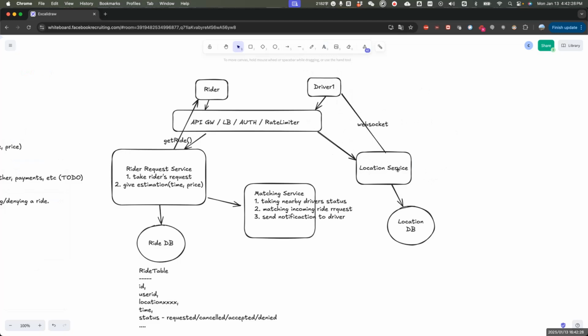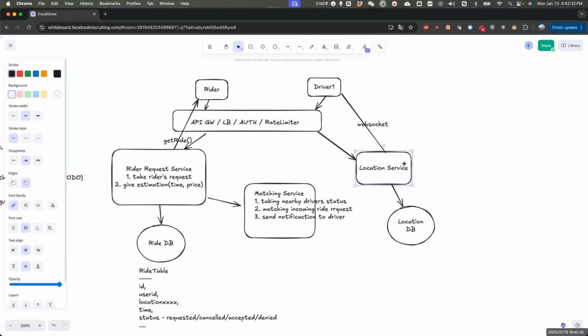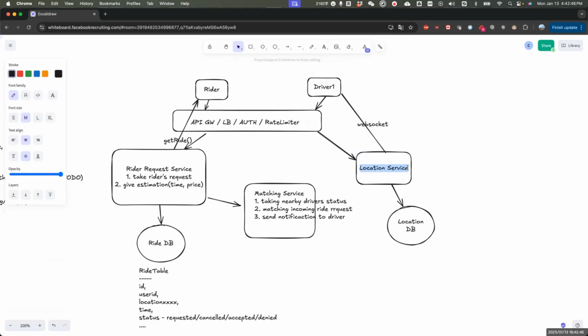So because of this, we could utilize consistent hashing over here to make sure that the location service is talking to the set of drivers that it hosts.